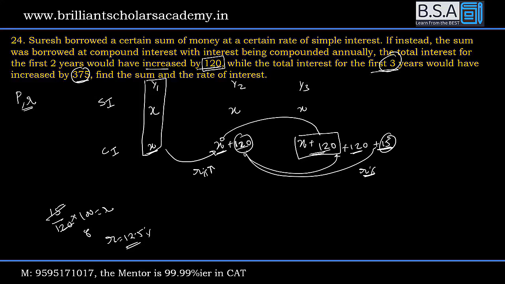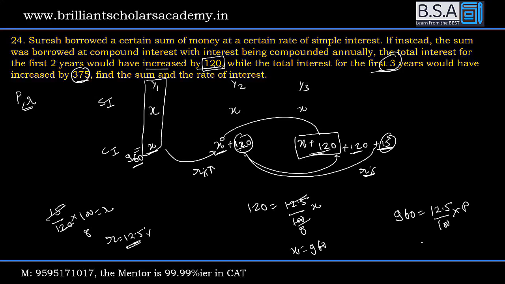Once I know it is 12.5%, that means 120 is 12.5% of X. Cancel, cancel 8. X is equal to 960. The interest for the first year is 960. And 960 itself is 12.5% of the principal.